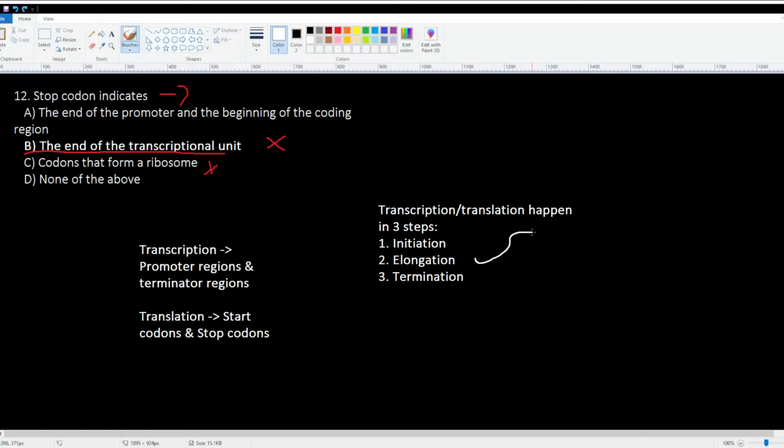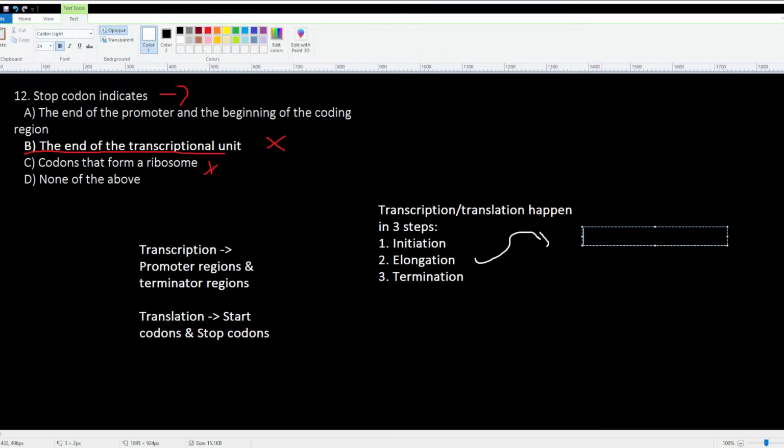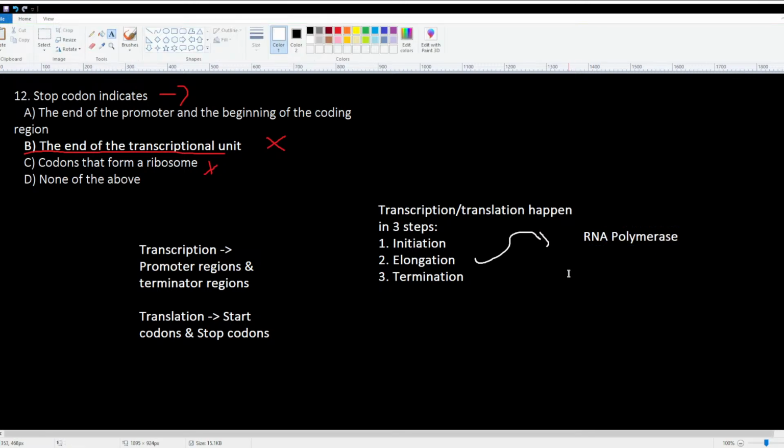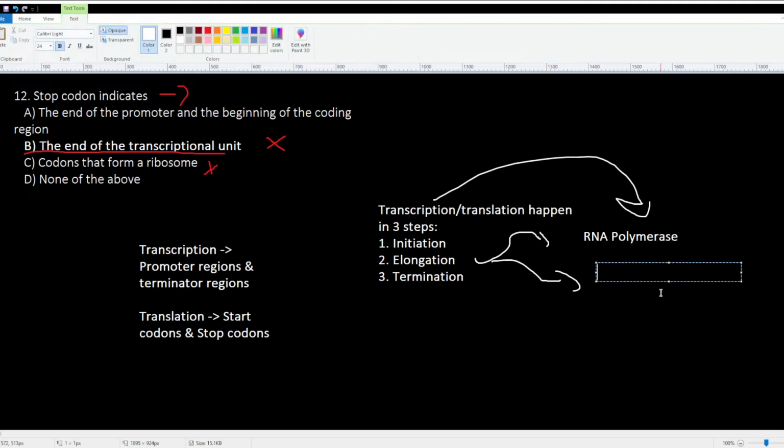And elongation in the middle, we have RNA polymerase, that's for transcription, and then we have just regular codons for translation.